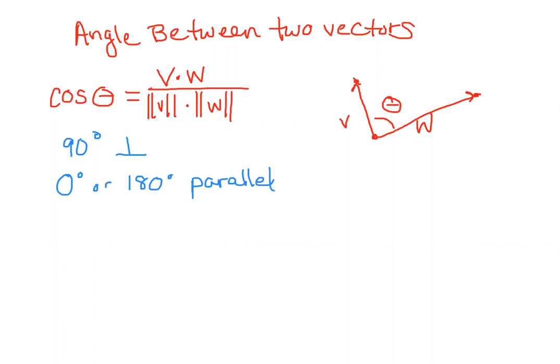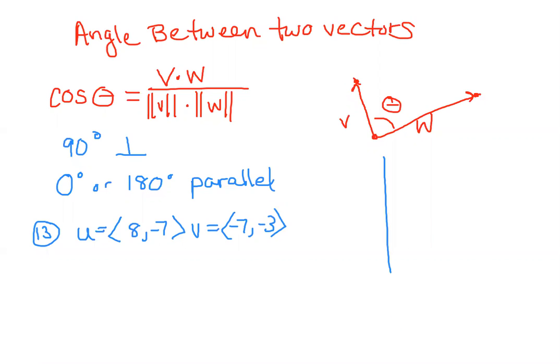Okay, so let's look at some examples. Number 13, we've got two vectors, 8, -7, and -7, -3. Well, let's see. Let's draw these vectors just so that we can see what they look like.